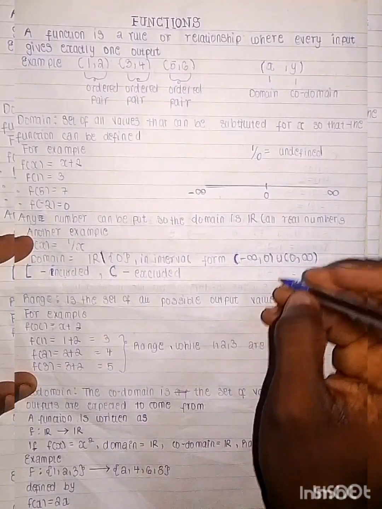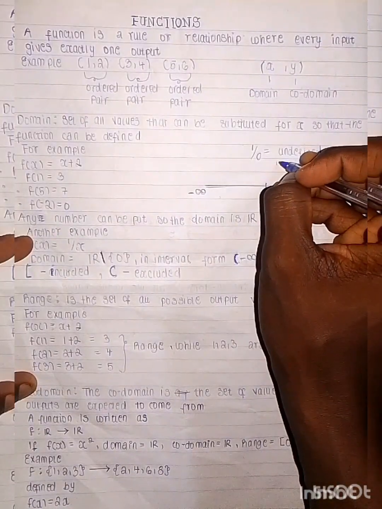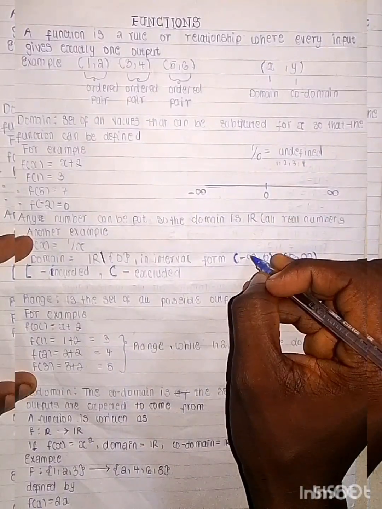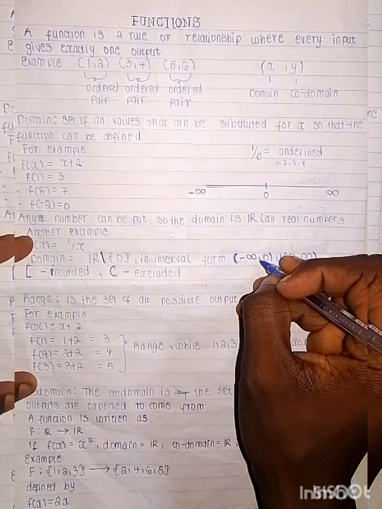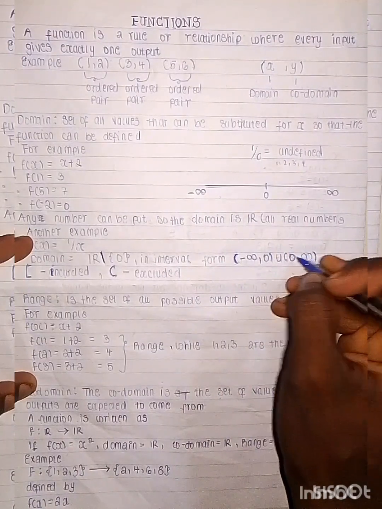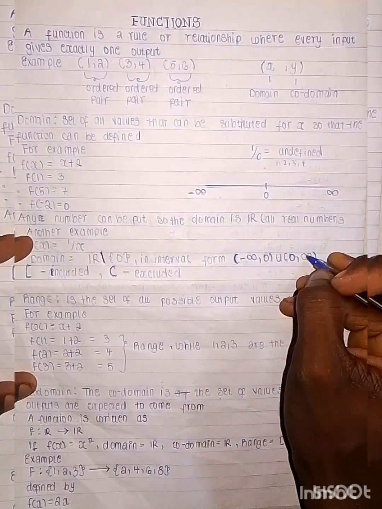We usually know that if we want to write numbers, we start from the small number: 1, 2, 3, and 4. That is why here I started from minus infinity, then comma, and then here is 0. Then at this point I started with 0, comma infinity.